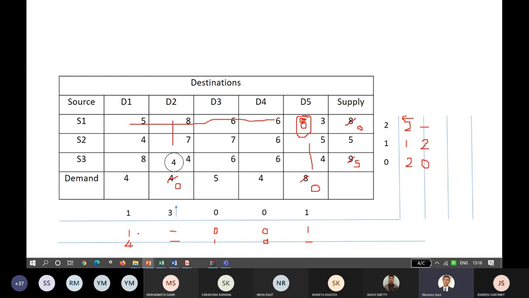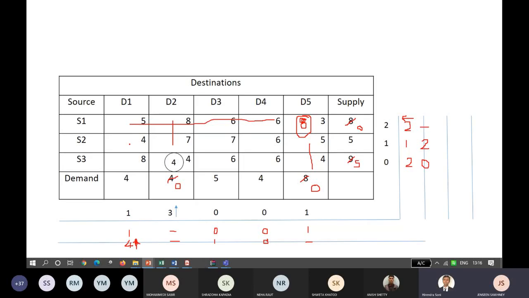Here, it would be blank. Now, highest penalty, this one. 4. So we'll consider this column for allocation. So which cell will we choose for allocation? This one, because this is the least cost cell in this column.